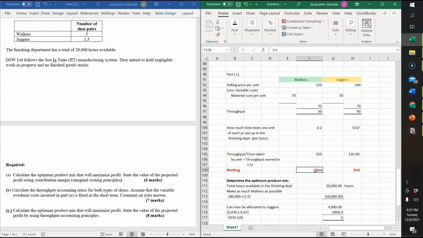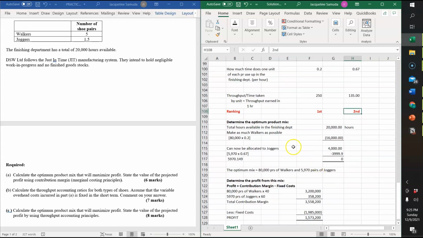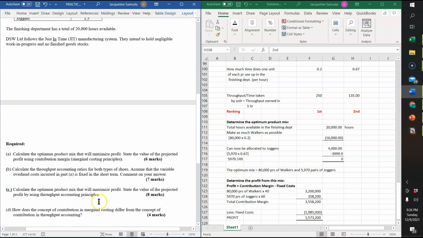And if you have any resources left, any of the limited resources left, make joggers, which is exactly what we did in part A. So we're still going to end up with an optimum mix, which is what C is saying, calculate the optimum product mix.